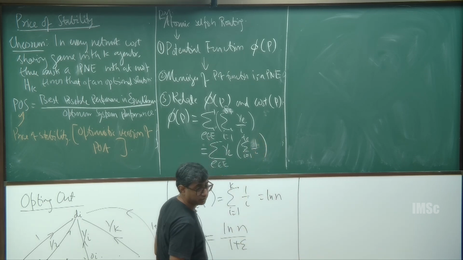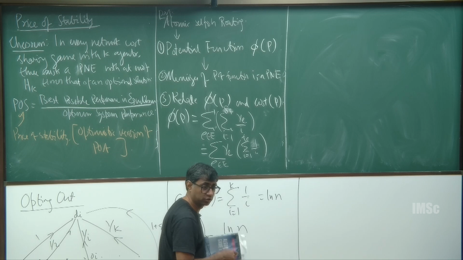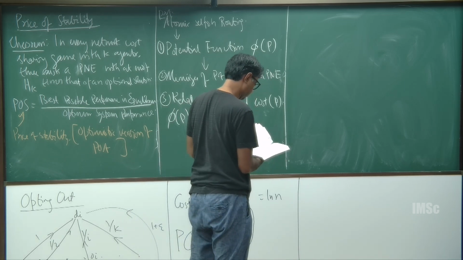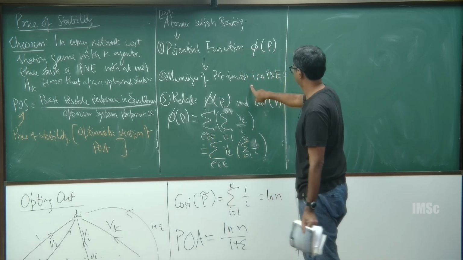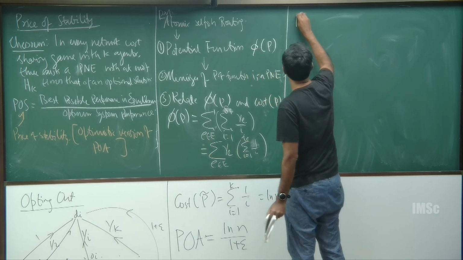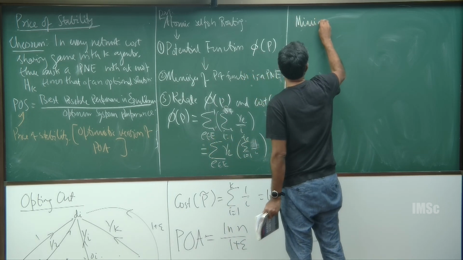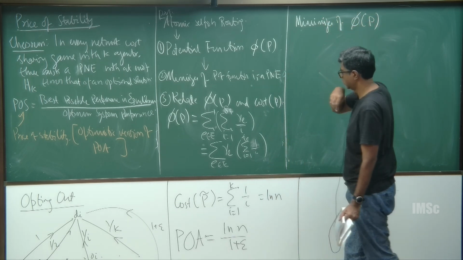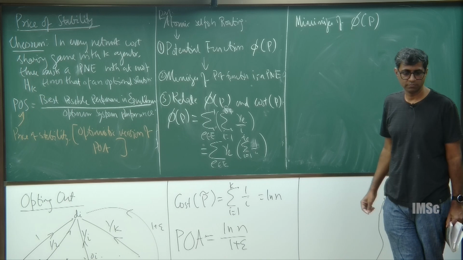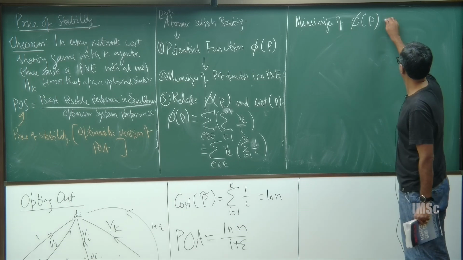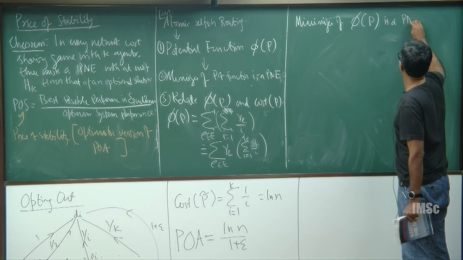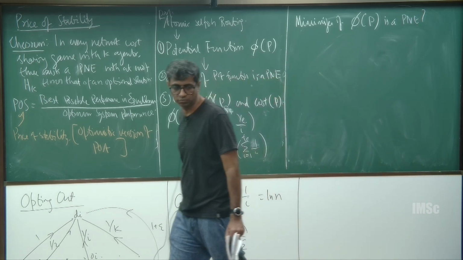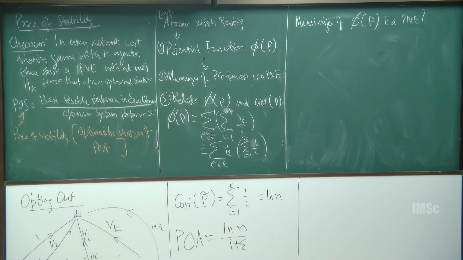Now, something which I do not understand and I try to prove, so if we can prove it together, is that the minimizer of phi p is a pure Nash equilibrium. I do not understand why this is true.